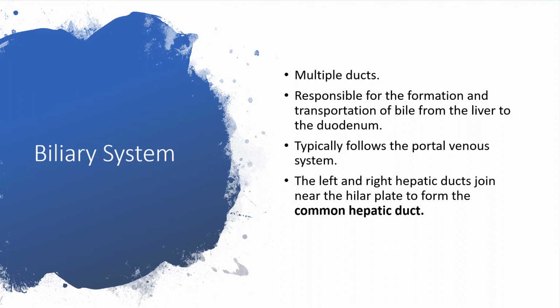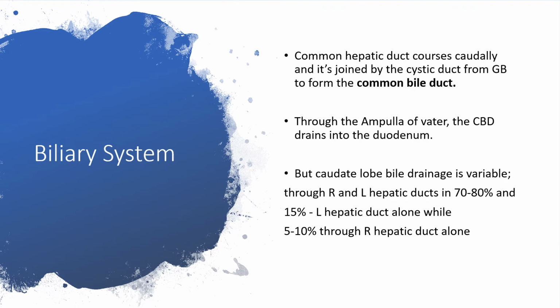The left and right hepatic ducts will join near the hilar plate to form the common hepatic duct. The common hepatic duct courses caudally, and it will be joined by the cystic duct from the gallbladder to form the common bile duct.